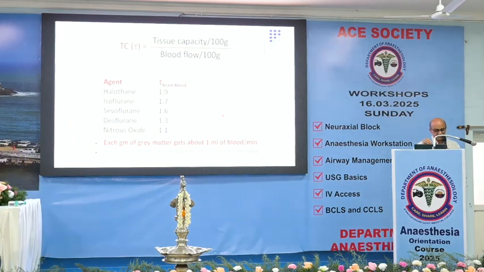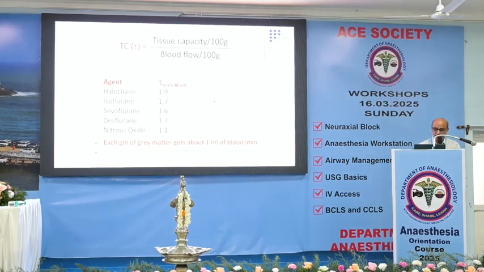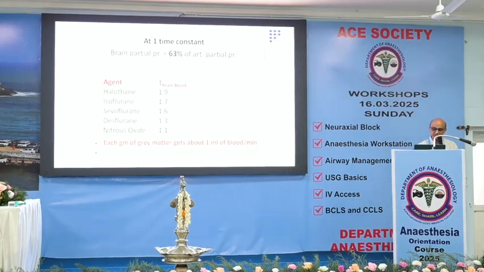Because it's getting such a high blood supply, each gram of the brain gets 1 ml per minute. Therefore, the solubility of the anesthetic agent would determine the brain time constant. So this is what you achieve in 63%. That is 63% would be achieved at 1.9, 1.7, 1.6, 1.3 and 1.1.